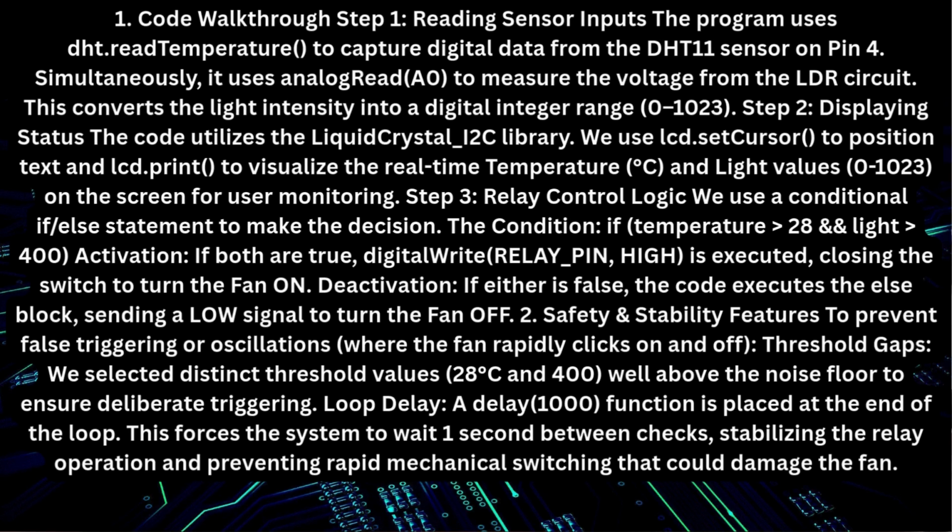For safety and stability, to prevent false triggering or oscillations where the fan rapidly clicks on and off, we selected distinct threshold values, 28 degrees Celsius and 400 for the light, well above the noise floor to ensure deliberate triggering.